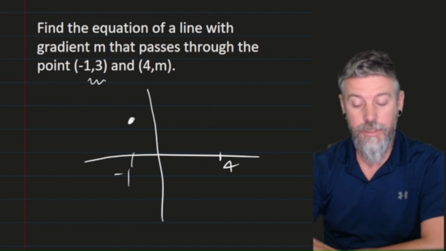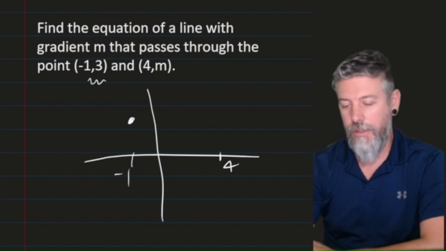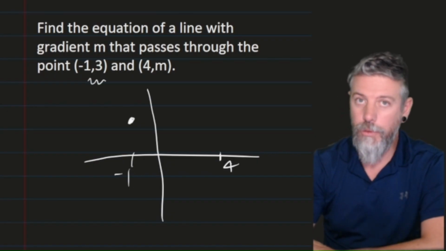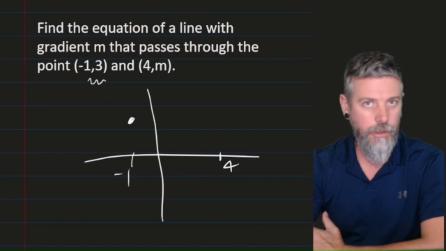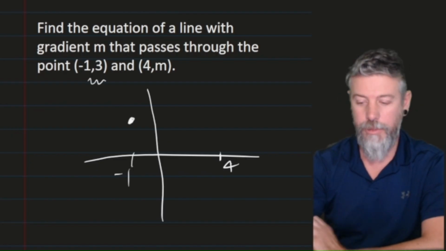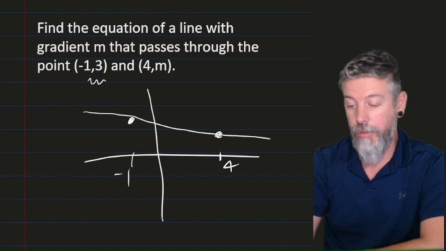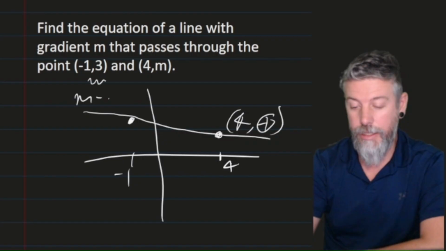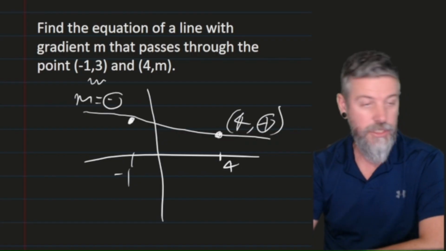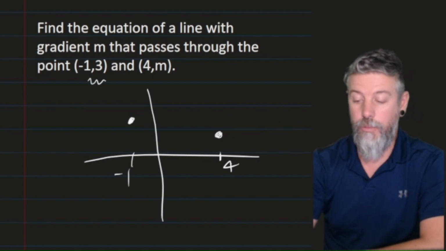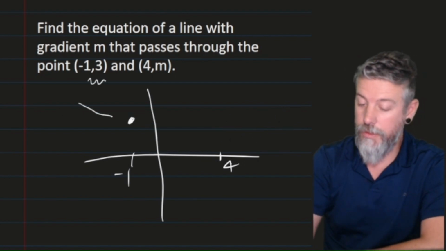But kids that are achieving band 6 results, this is the sort of flexibility that they have in their thinking that can fault check their solutions and see whether or not it makes sense. What about if something was negative? If it was just a little bit negative and it went through somewhere like here, this makes no sense because this is for something positive, but we're talking about a negative gradient. And that makes no sense. So therefore, the only way that this line can actually work is something that looks like this.